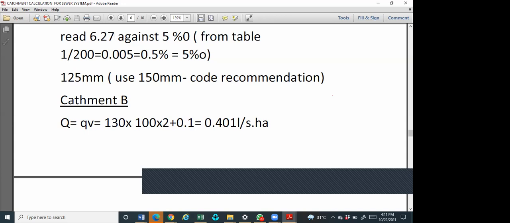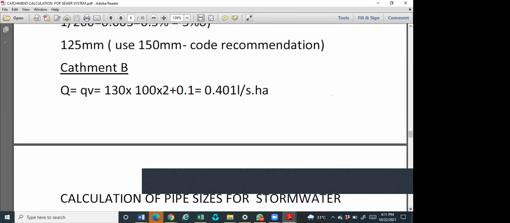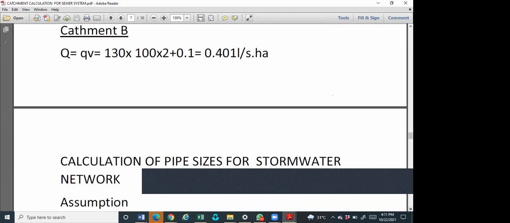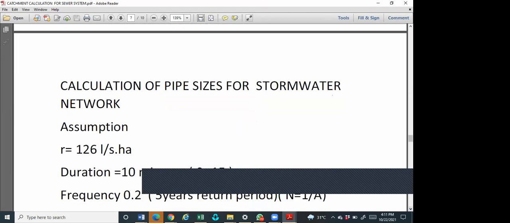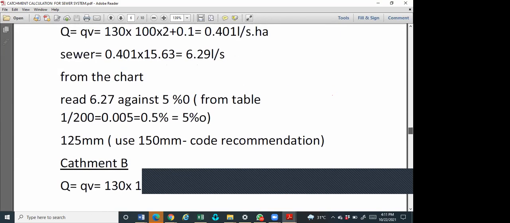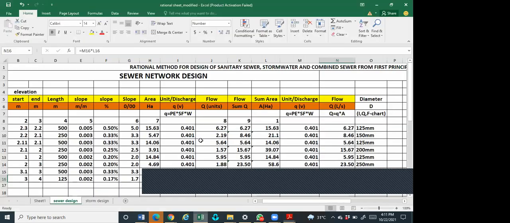That will give you the value for catchment B, and so on and so forth. This is how we'll now do it for all of them. And that's exactly what we have done. Look at it, it's exactly what I have done.